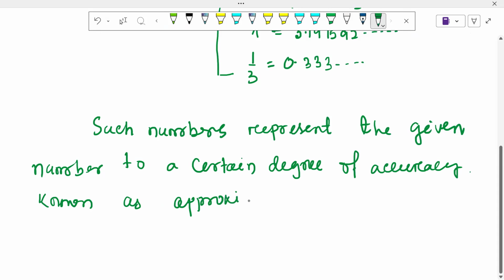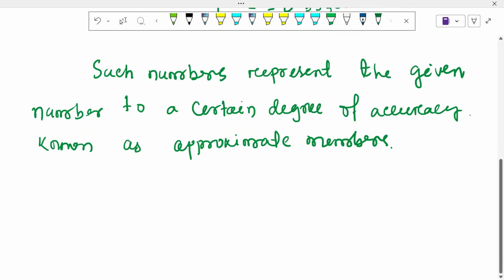Just remember what approximate numbers are, and whatever we discuss here.